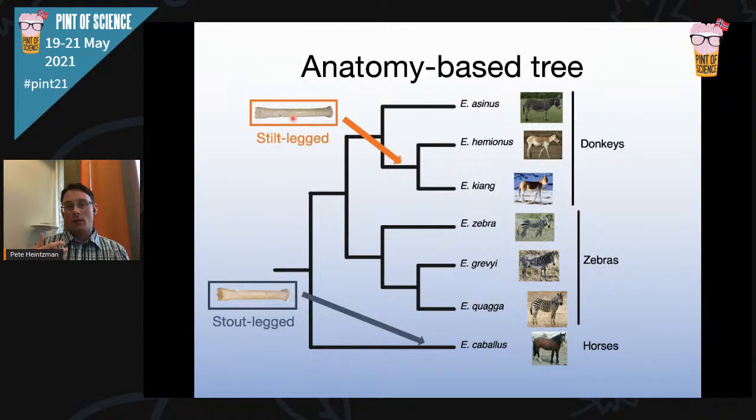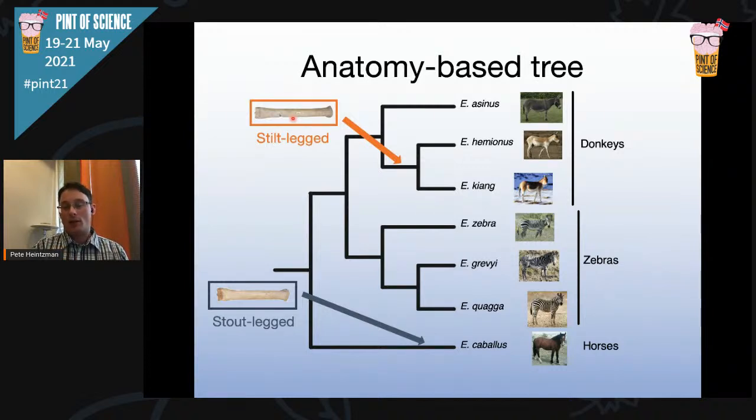Based on the anatomy, the morphology of these bones, stilt-legged horses have been thought to be closely related to the Asiatic asses, the donkeys from Asia, Equus hemionus and Equus kiang. So based on the anatomy, stilt-legged horses belong with these donkeys.